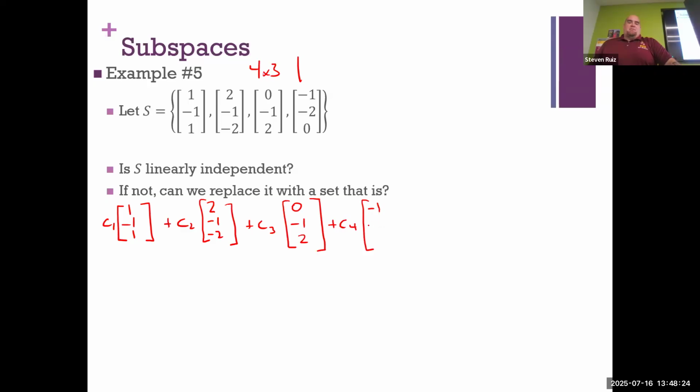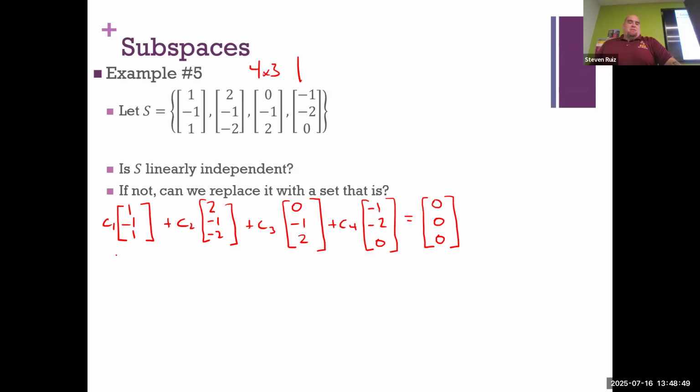What should I set this equal to? 0, 0, 0, 0. And if this is linearly independent, what should I learn about C1, C2, C3, and C4? What should those constants be? All 0.